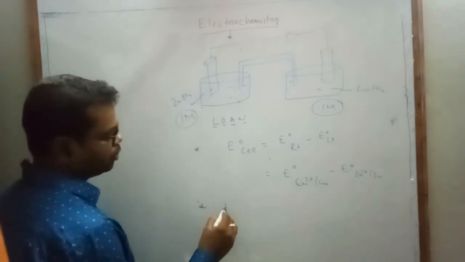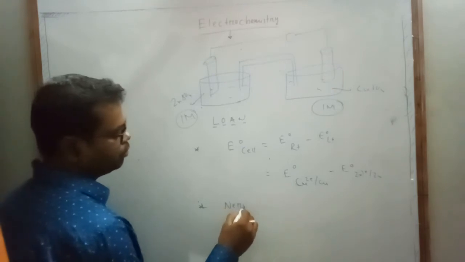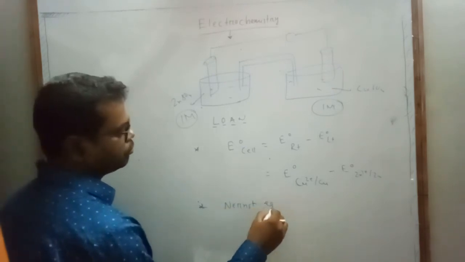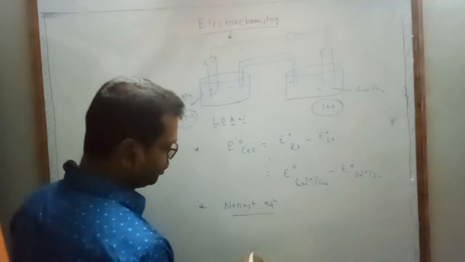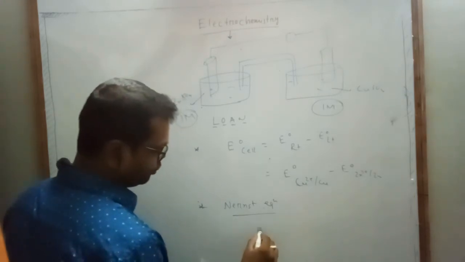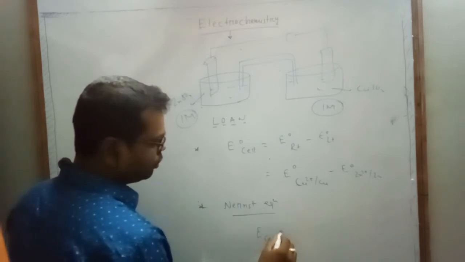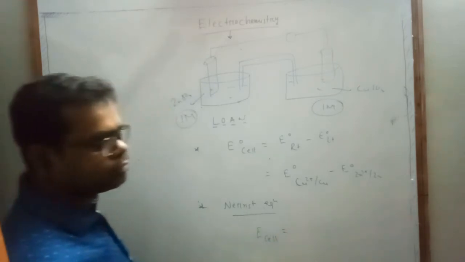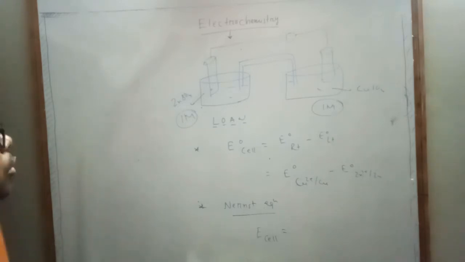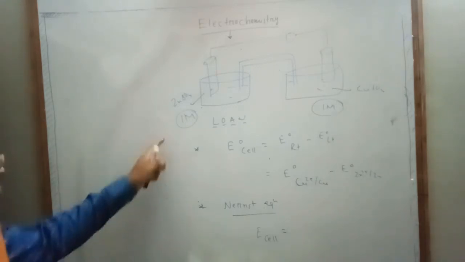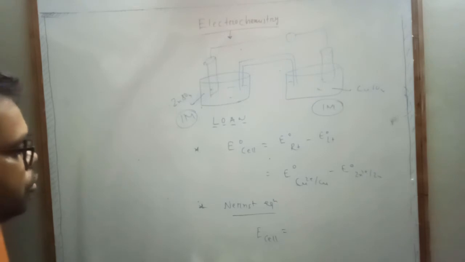In that case, we have to use another equation called the Nernst equation. The Nernst equation tells you that you can find the EMF of a cell other than your cell having 1 molar, unit solution.